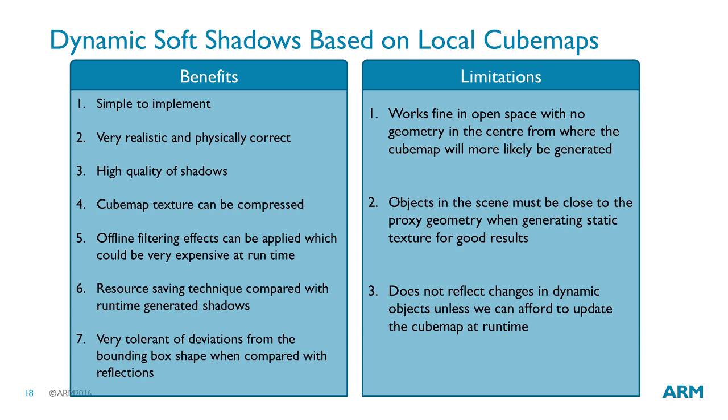And this technique, shadows based on a local cube map, is very tolerant to the shape of the local environment. Why? Because we are approximating the geometry of the local environment with a cube, with a box. In the case of reflections, if your environment is far from the shape of the cube, you will see that your reflections are not too good. In our project, we have chosen the perfect environment, which is a box environment, and it worked fine because most of our rooms are just boxes.